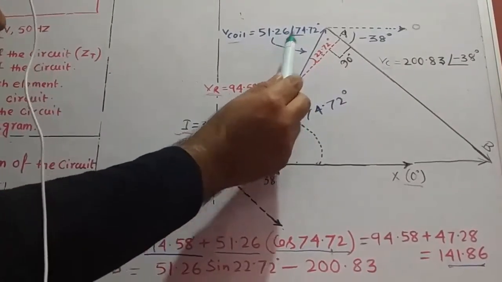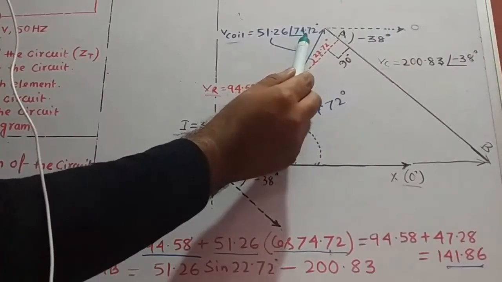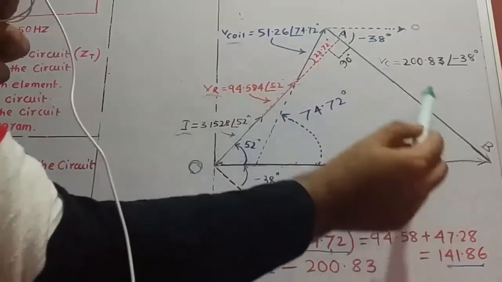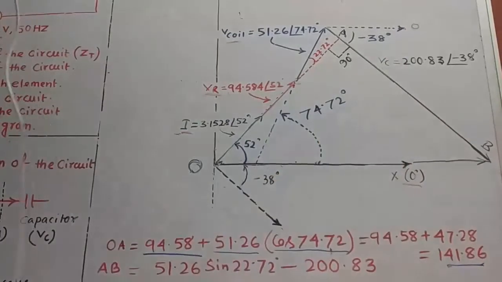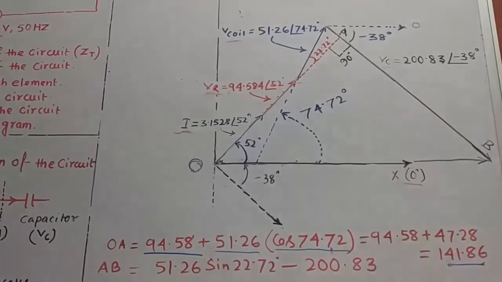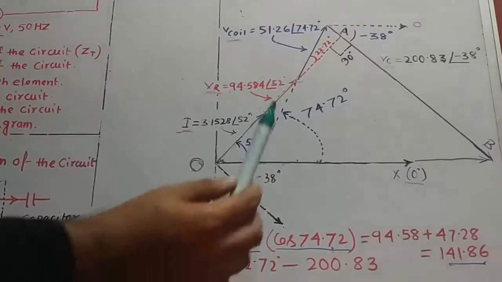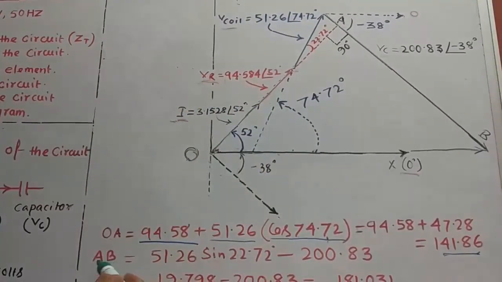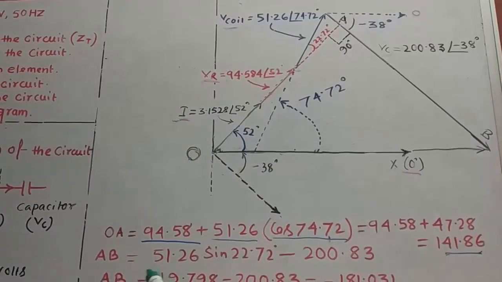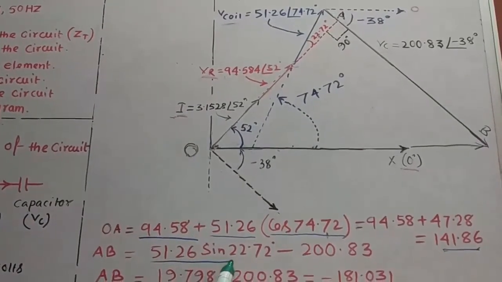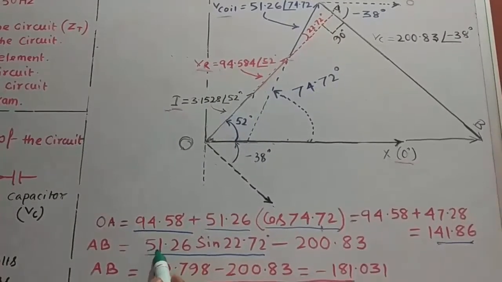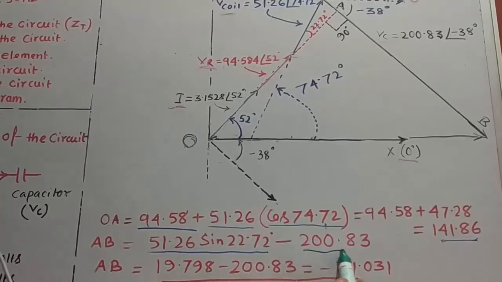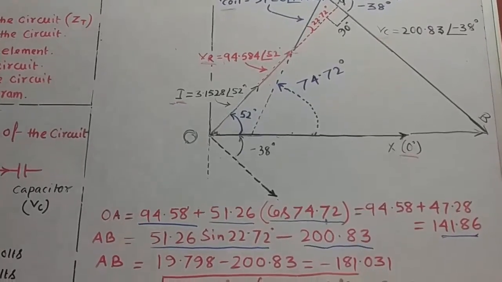Now AB is the vertical component. The vertical component of the coil voltage is 51.26 sine 22.72, minus the VC, which is 200.83.